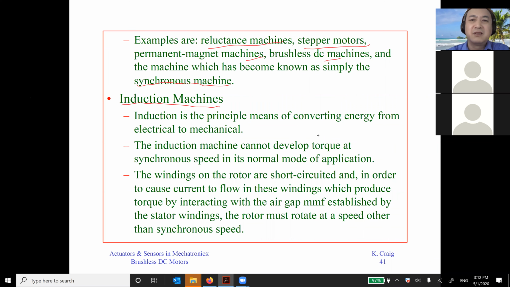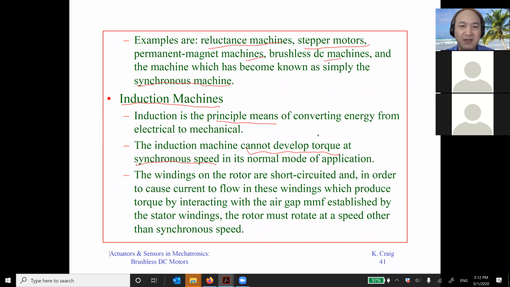It's a principal way to convert energy from electrical to mechanical. With those induction machines, if you are synchronous to the rotating magnetic field, then you cannot generate torque.